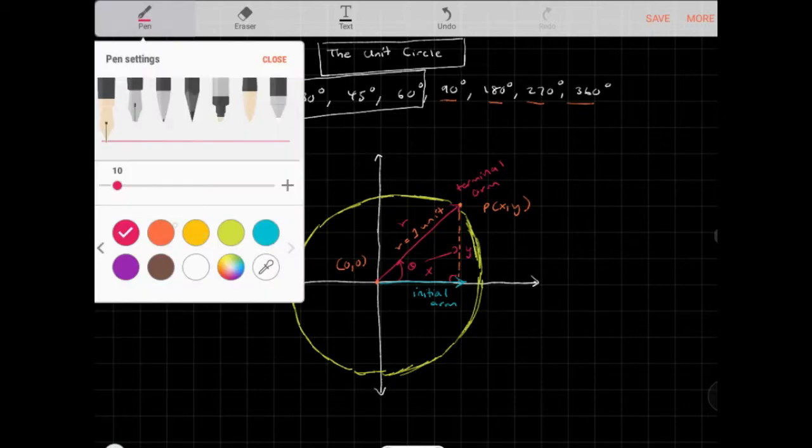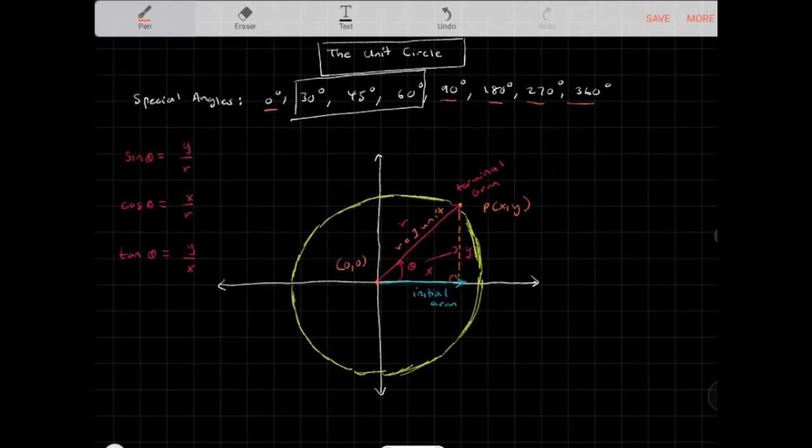This unit circle has a radius of 1 unit, so r is 1, which means sine theta is equal to y and cos theta is equal to x. Since tan theta is y over x, we get tan theta is equal to sine theta over cosine theta. This is a really important identity that you're going to be using a lot later on.